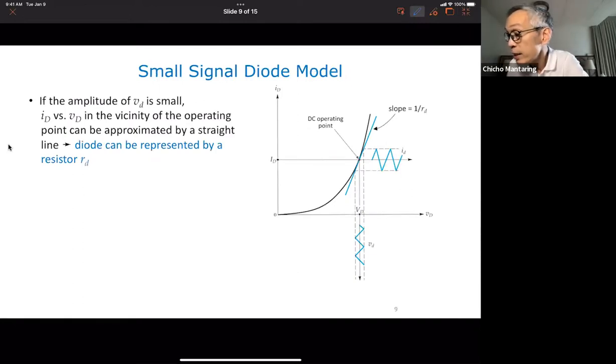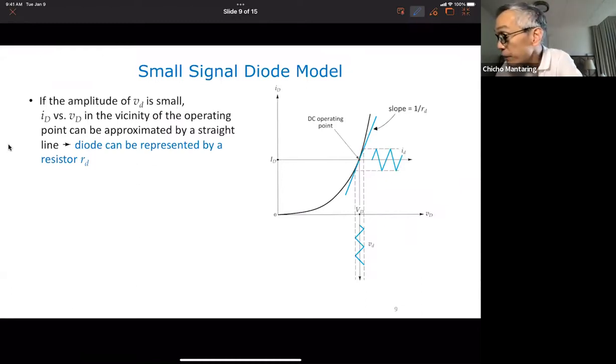Okay, what is the small signal diode model? If the amplitude of v sub d is small, then if we take a look at the diode characteristic curve in this particular area, we can approximate that with a straight line.